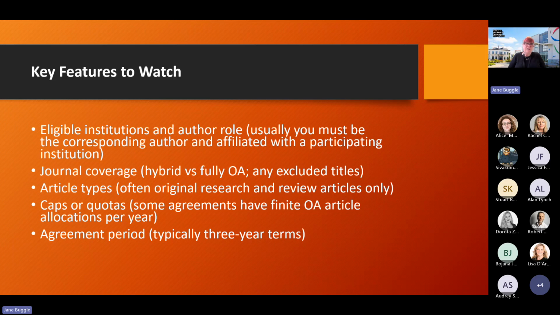Article types: usually they look for original research and review articles only, so they're more limited. And they have caps or quotas, so there's only a certain amount of articles that they'll publish under these agreements per year. So there is an allocation. And the agreement periods are typically three years, but they do have a fixed term.